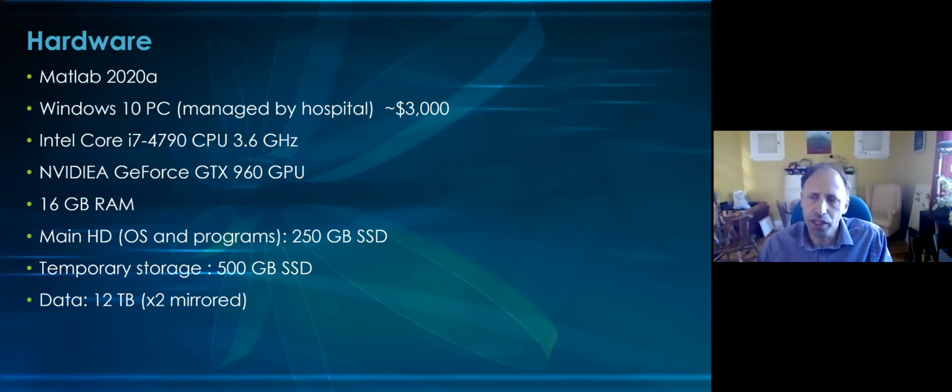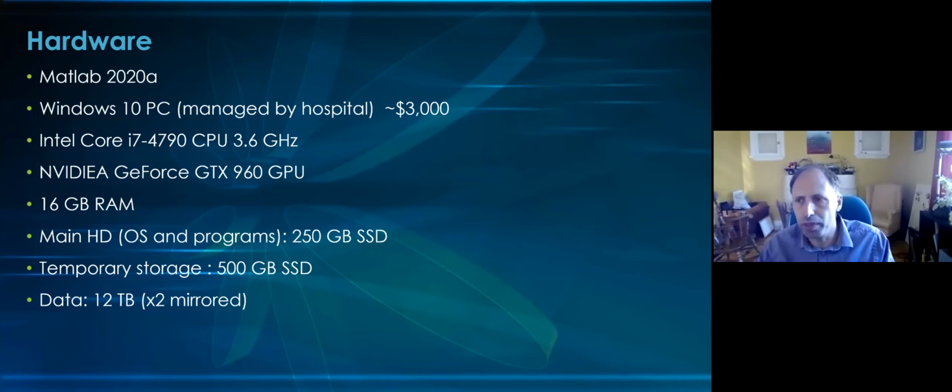With regards to how we configured our system, I think there's a lot of big files that get moved around. And so the way we configured our system is as such. For our main hard drive, we have a small SSD, so it has our operating system and all our programs. For temporary storage, we have a slightly bigger SSD, and that gives us really good read-write speeds.